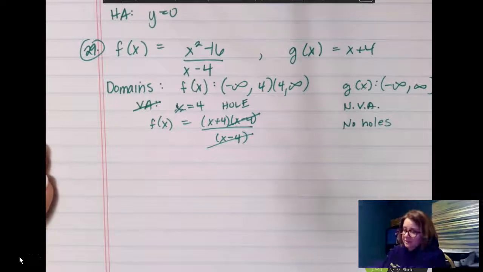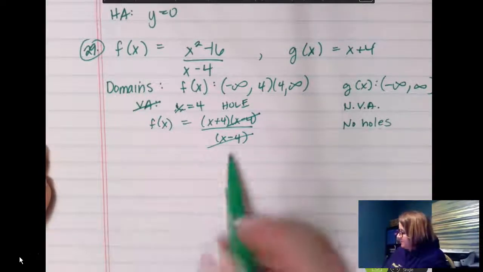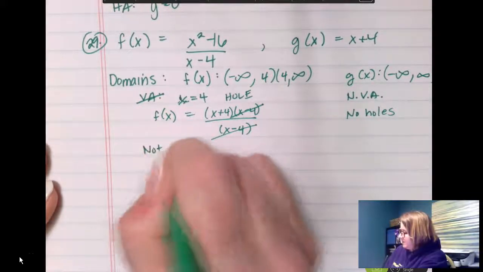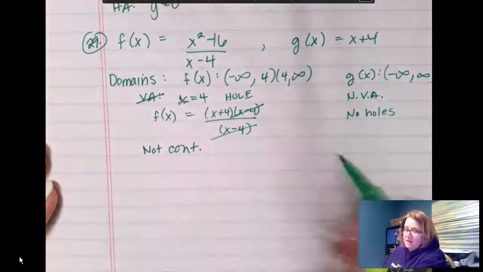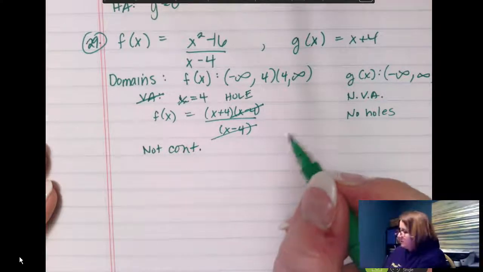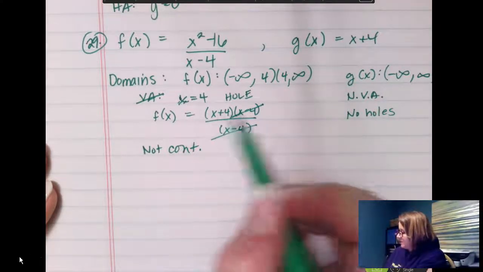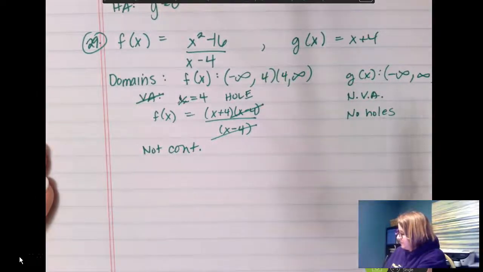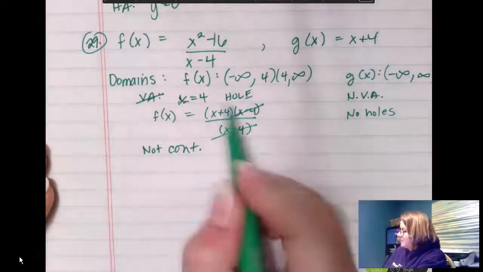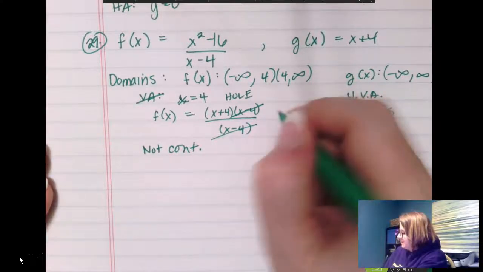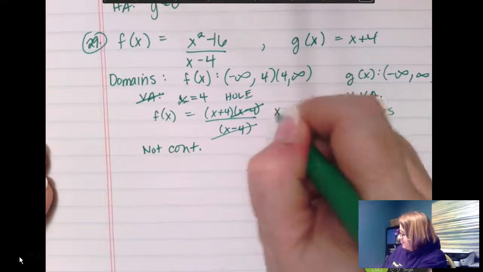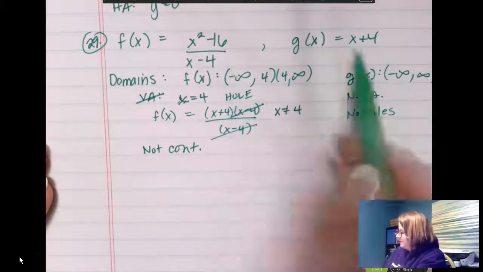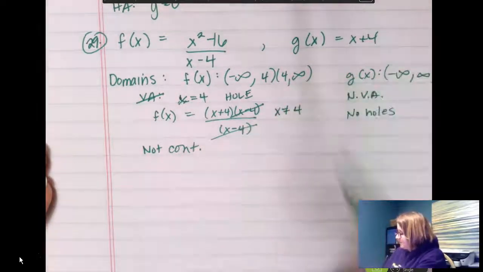What else are we being asked for? Is it continuous? No, because it has a hole. And any horizontal and vertical asymptotes. So, well, you know what? That explains to me why these two functions are together, because they end up being the same function.